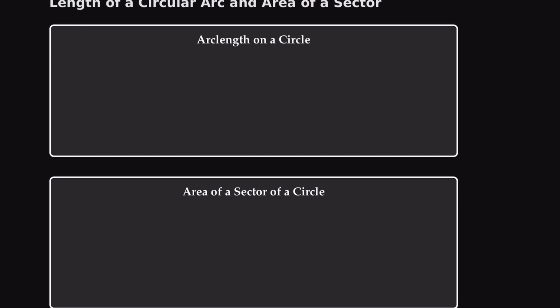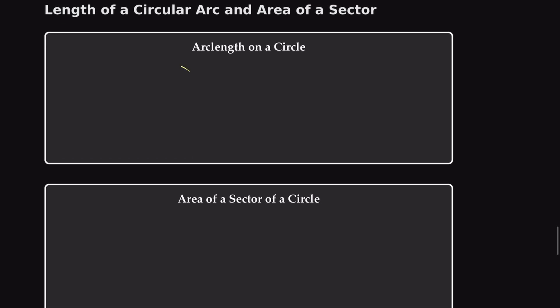Our first picture is going to be just a circle. And what we care about here is measuring an arc length on that circle. So we have some arc length on there, and we have some angle, which we'll call theta, and we have the radius.